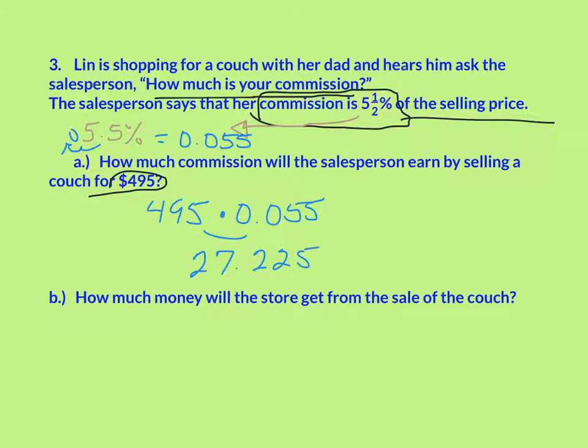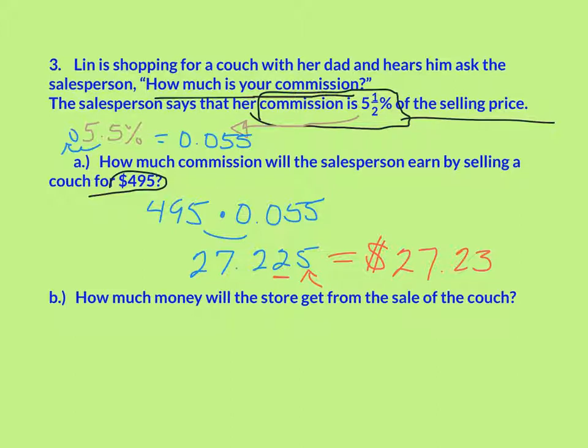I know that this has to be money, and I know that money has to end here. So therefore I have to look at the 5. The 5 is equal to or greater than 5, so I'm going to round up. So my answer is going to be $27.23.